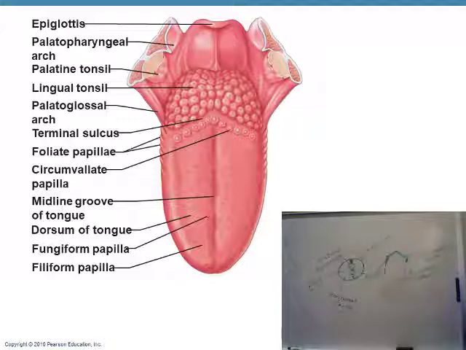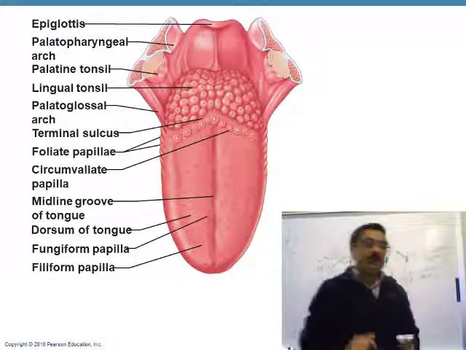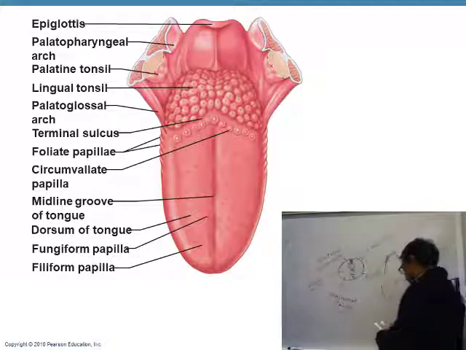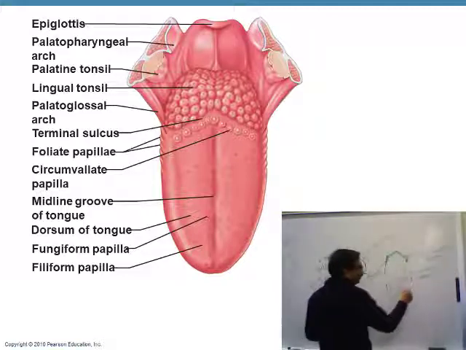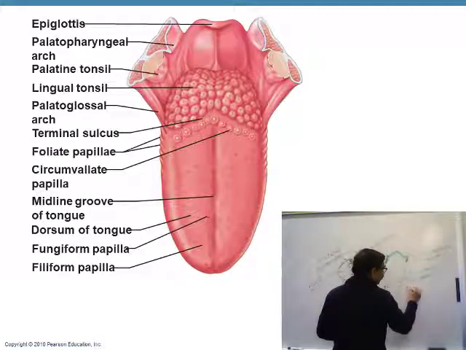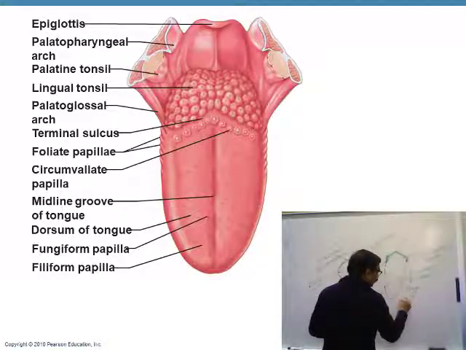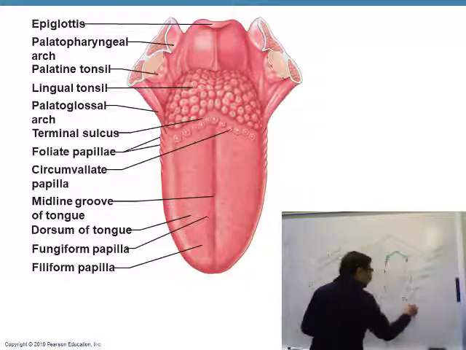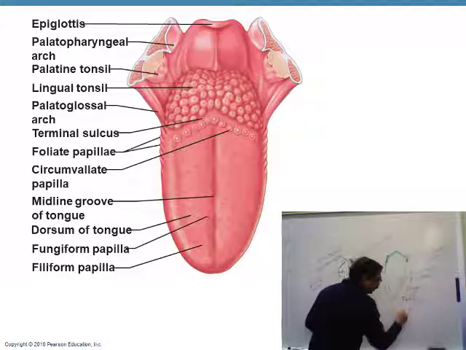Now, inside the papilla, you have taste buds. So, if I write from large to small, largest is the tongue. On the surface of the tongue, you have papilla. Inside the papilla, you find the taste buds.